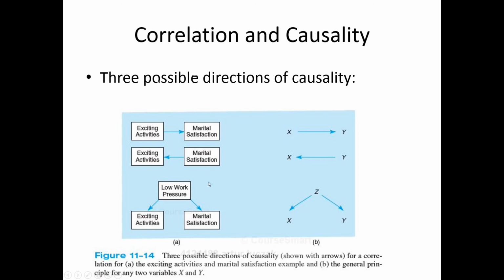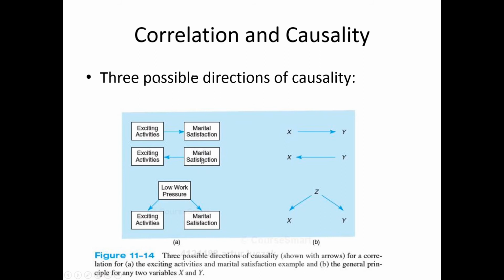So one way to deal with that, I would imagine, is that you would have a group of people and look over time. Let's say you have people with similar satisfaction in marriage, and one group of people you would ask to do more exciting activities, other people you would ask to do a normal or low level of exciting activities, and now you can compare both groups after some time.